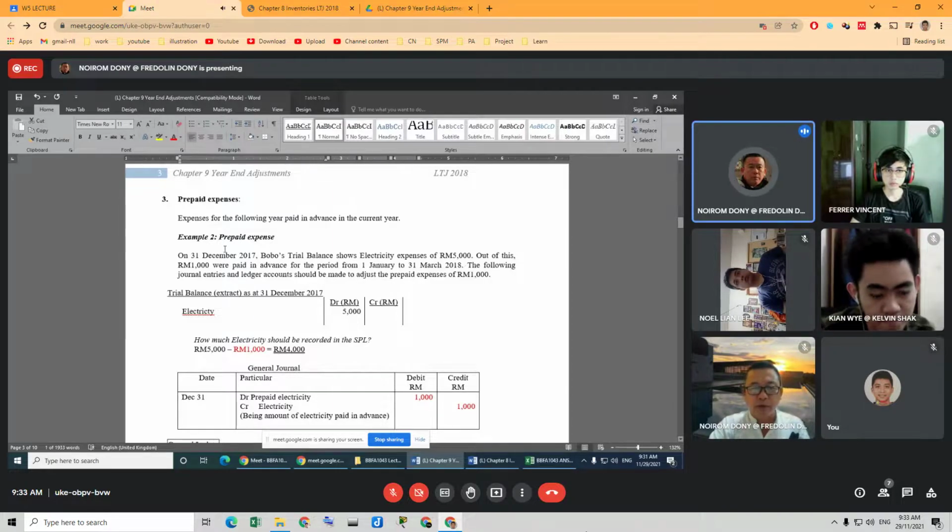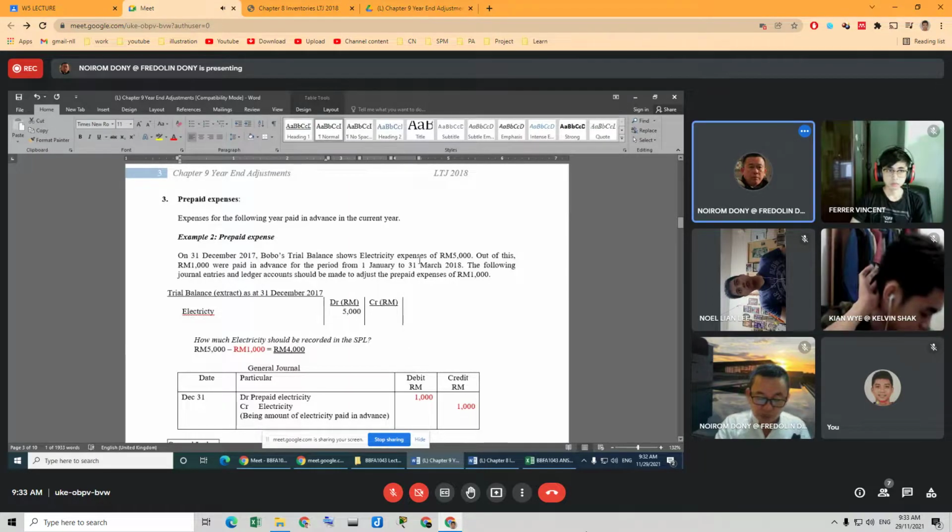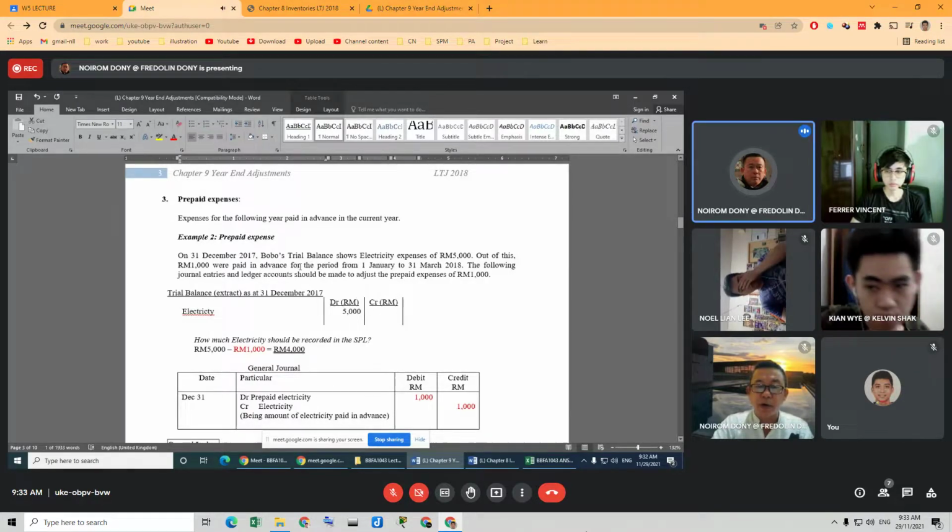Remember, because it has been paid already, we have recorded it based on cash basis. So on 31st of December 2017, Mobile Travel shows electricity expenses of 5,000. Out of this, 1,000 were paid in advance for the period from 1st of January to 31st of March 2018.